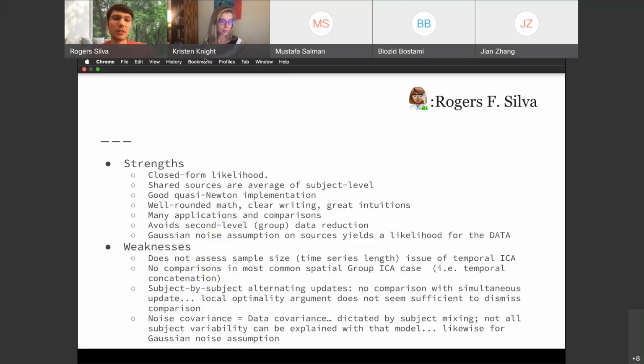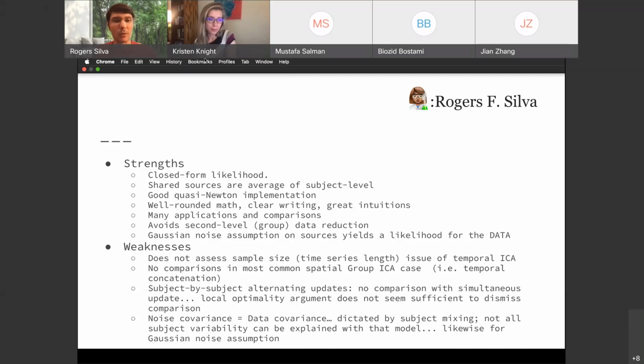So for strengths, the first one is they have a closed form likelihood. I'm not going to go into the details, but we can discuss it later if there's interest. They have shared sources, and the shared sources are the average over the subject level sources, and it's also built into the model.